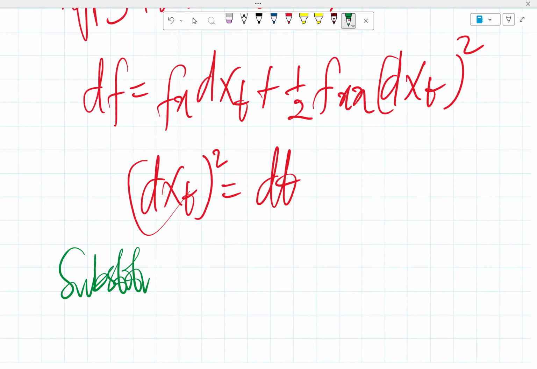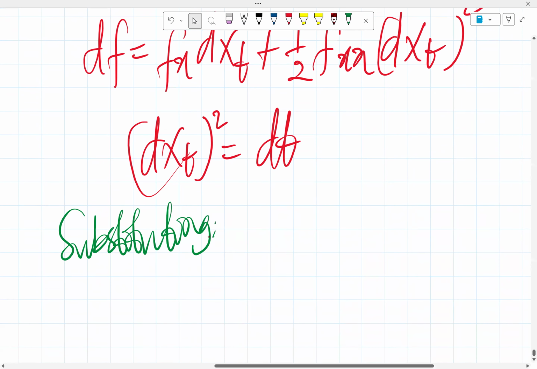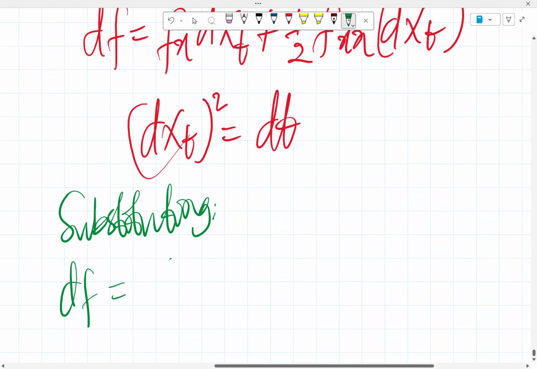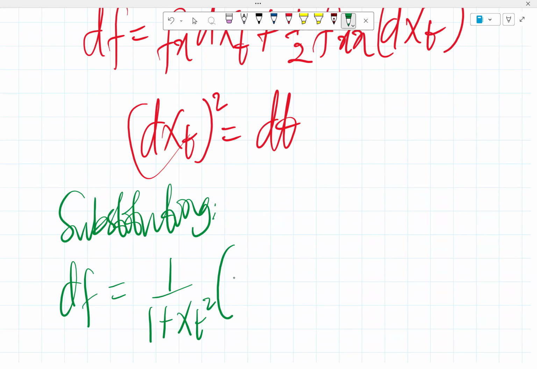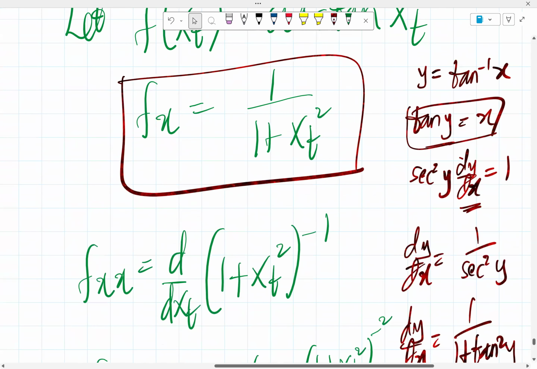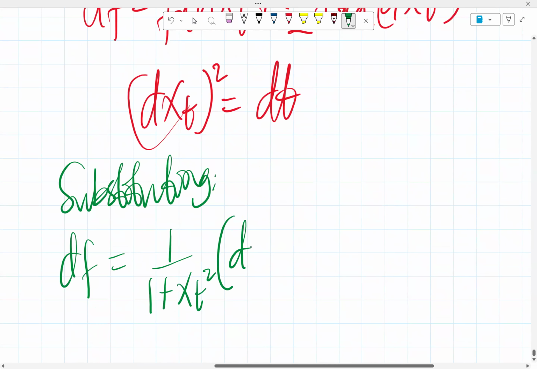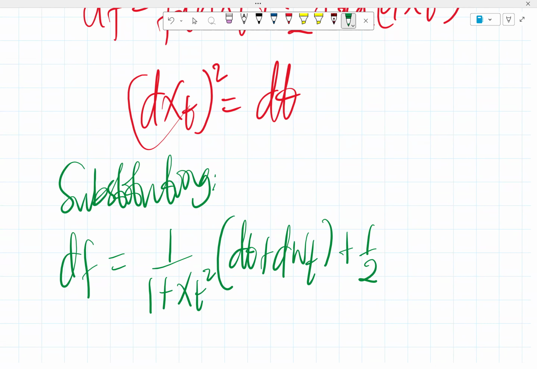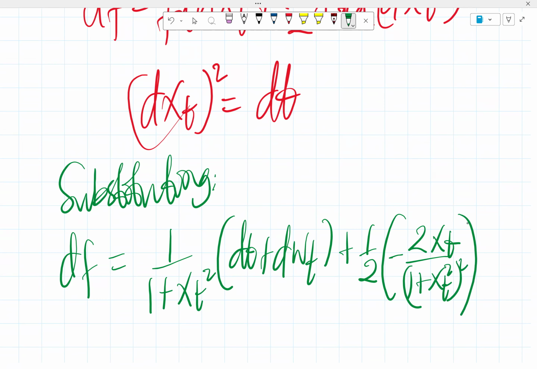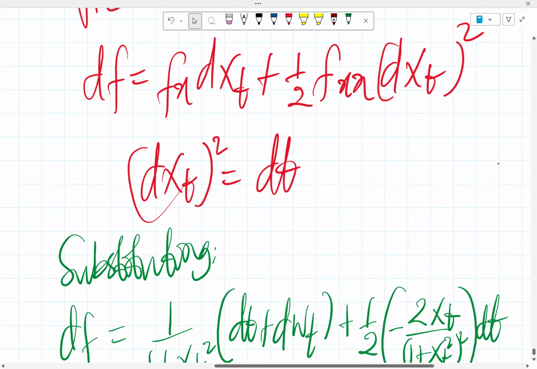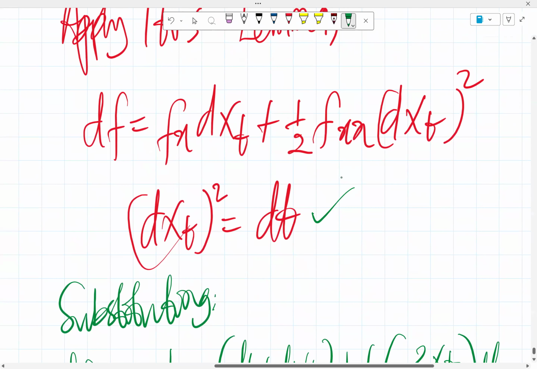Substituting now, we then have df to be the first derivative, that is 1 over 1 plus x t squared, into dx sub t. Don't forget dx sub t that we're given is dt plus dw sub t. Then plus the second derivative, that is minus 2x sub t all over 1 plus x sub t squared, like that. And then dw t squared here now is dt. The dx t squared here is dt from here.